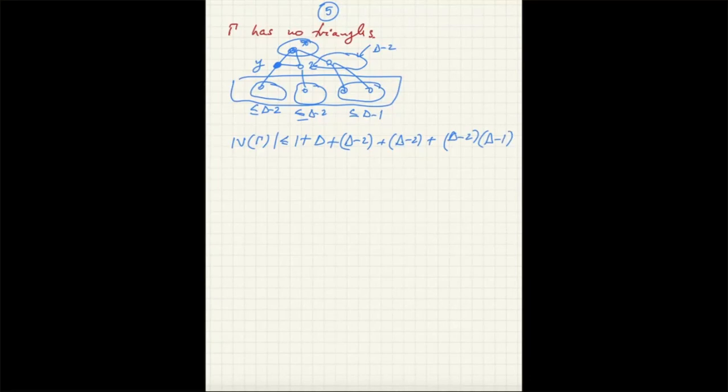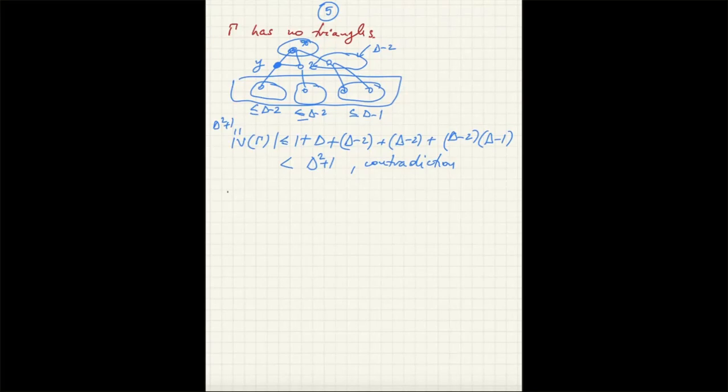But if you do the calculation of this expression, you get something strictly less than delta squared plus 1. That gives us a contradiction, because the number of vertices in gamma equals delta squared plus 1. So essentially, the graph has to be as stretched as possible to maximize the number of vertices. So you cannot have these short cycles, triangles.